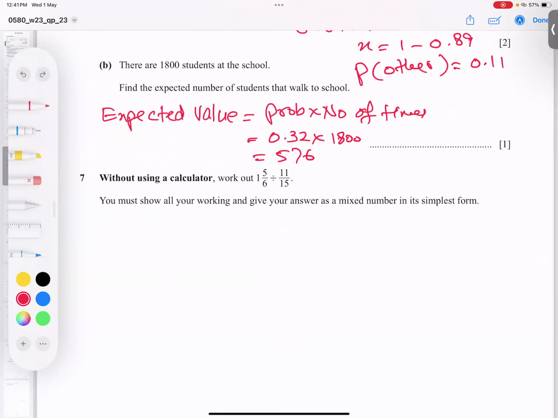Without using a calculator, he's saying here, work it out. Do you know, students, when we have 3 and 2 over 4, this 4 will multiply and the answer will be added. So 4 3s are 12, 12 plus 2, 14 by 4. This is a way to convert. The same process I'm applying here, left side only. 6 into 1, 6 plus 5, 11 over 6.